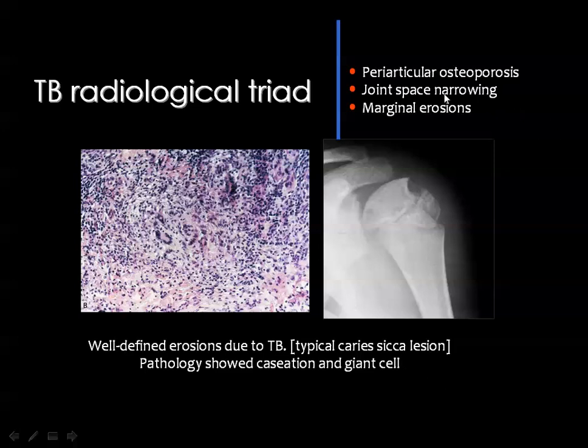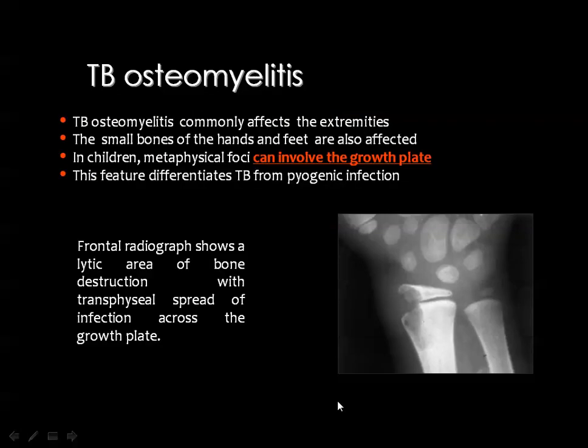There is usually periarticular osteoporosis, joint space narrowing, and marginal erosions with a hazy articular surface. In this example you get erosive changes with periarticular soft tissue swelling in the capital humeral epiphysis.